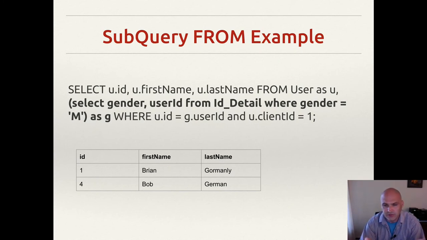So she was already eliminated. But imagine there were other rows and we still cared about that. And then from all of this, we're going to project that we want the user relation's ID, first name and last name to show. And that's what shows here. Notice I don't even put the gender on here, right? As far as the results, they're just eliminated if they're not male.